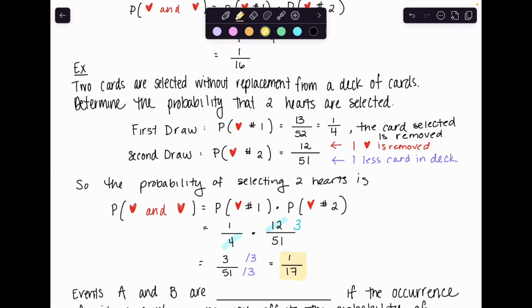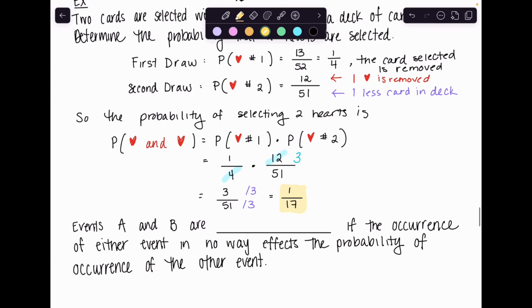Okay. So this one was a lot more complicated when we didn't have replacement. With replacement is much easier because everything stays the same. It's basically like you started from scratch. So when that happens, we actually say these are independent events.